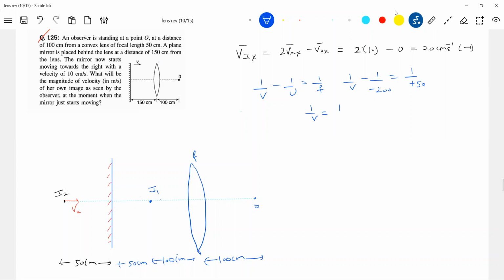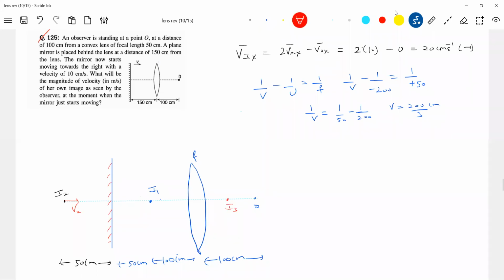This will be 1 by 50. Anybody, value? 200 by 3 centimeter only, no? It should be positive, plus 200 by 3, 66.67 centimeter. So the final image I3 will be somewhere here.